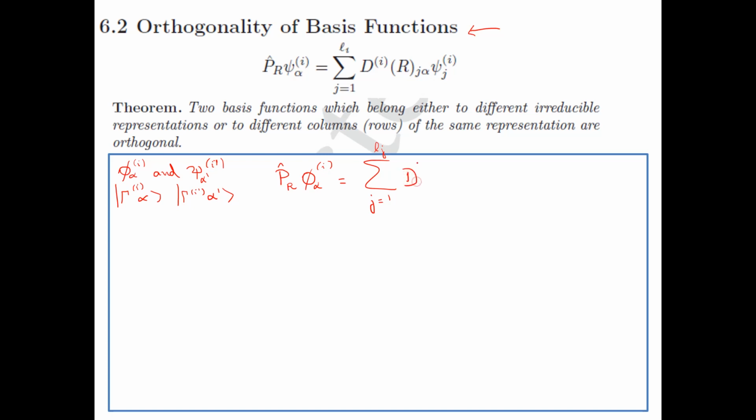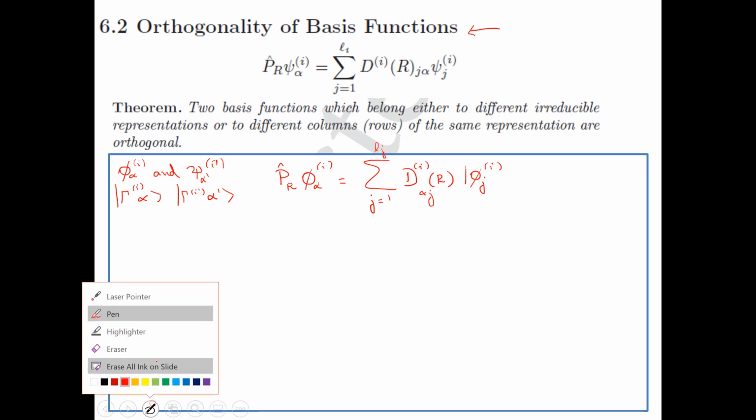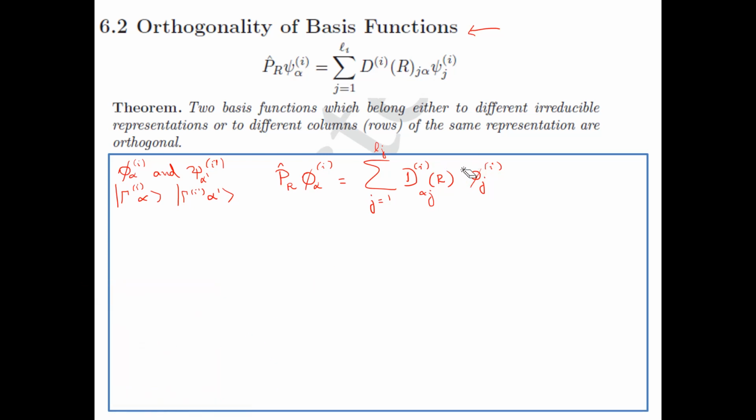Here I have the matrix elements alpha j. These are a linear combination of all other partners of this representation that I will call phi I. Let me use this function notation instead of basis vector notation, just for now.